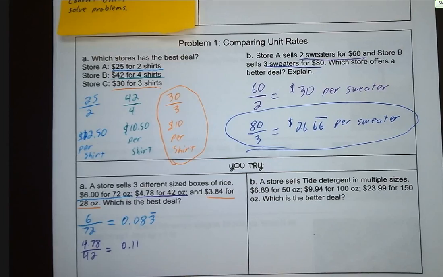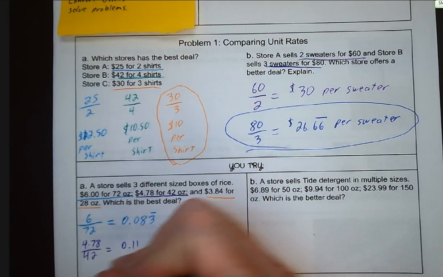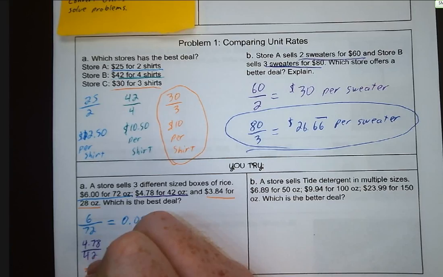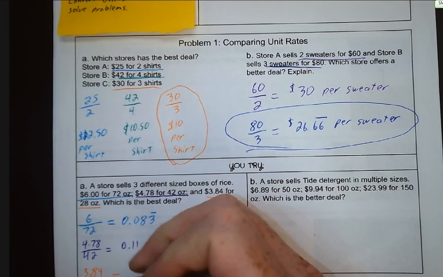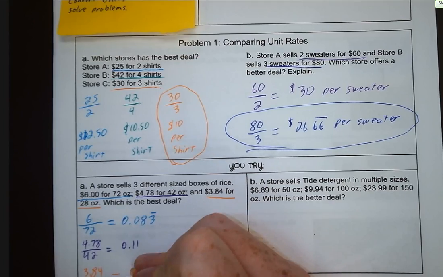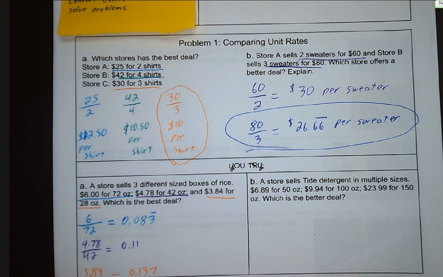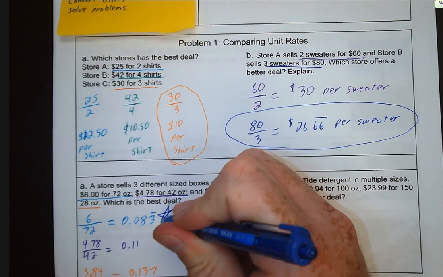And our third one was 3.84 over 28 ounces, which is equal to 0.137. So which one of these is the better deal? It's going to be the larger box.